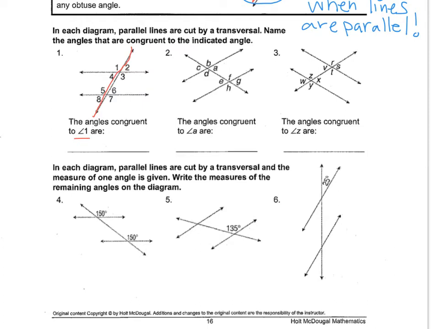So what are the angles that are congruent with angle 1? Well, is angle 1 an obtuse or is it an acute? It is obtuse, so I'm going to highlight all of the other obtuse angles. So 3 is obtuse, 5 is obtuse, and 7 obtuse. I know those are all congruent just for that simple fact.